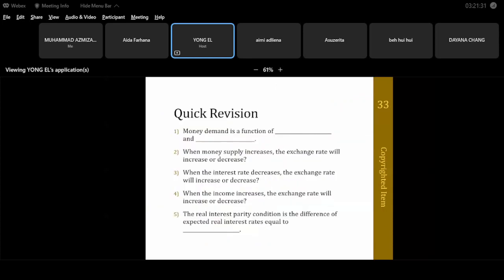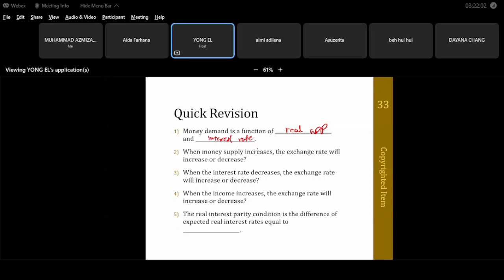Right. Let's do some revision to close this lecture topic. If you know the answer, please answer together. Money demand is a function of two variables: interest rate and real GDP. Okay, right. Thank you, Amy. Real GDP and interest rate.